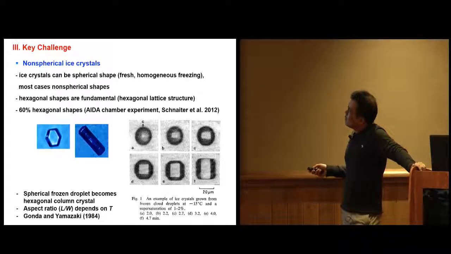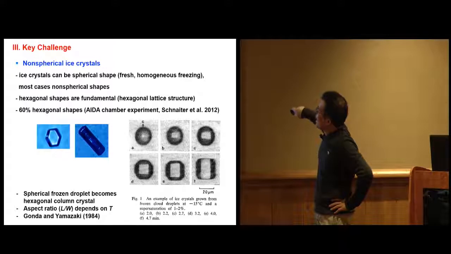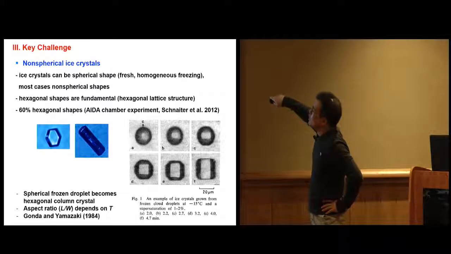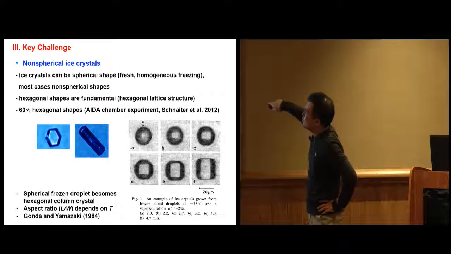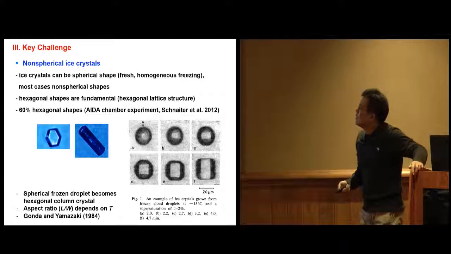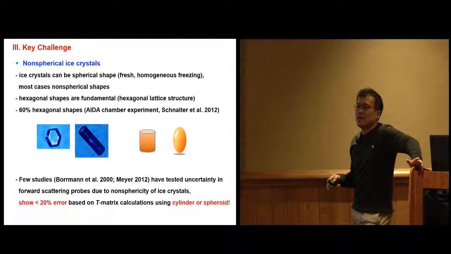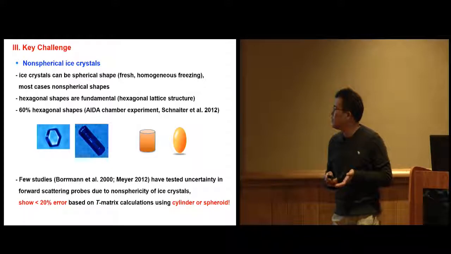And another lab experiment shows the shape change just after freezing. So this figure shows the liquid cloud droplet. As time goes by, its shape changed to hexagonal column shapes. There are very, very few studies to estimate the uncertainty of these non-spherical shapes on forward scattering probe measurements.